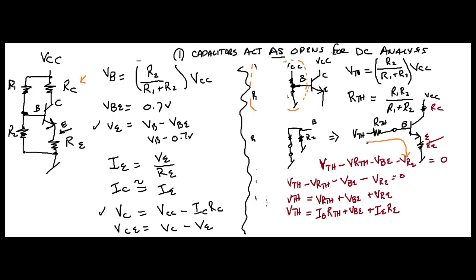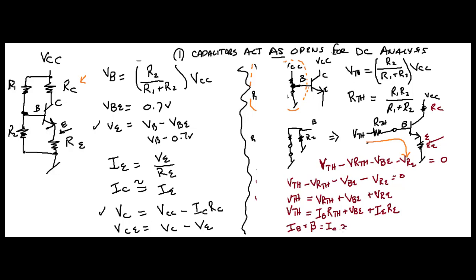Now, I'm going to rewrite this. Remember your IE, there's a relationship here I want you to remember. We want to replace this base current with IE. So remember this, if you have IB times beta, that's going to equal IC, right?